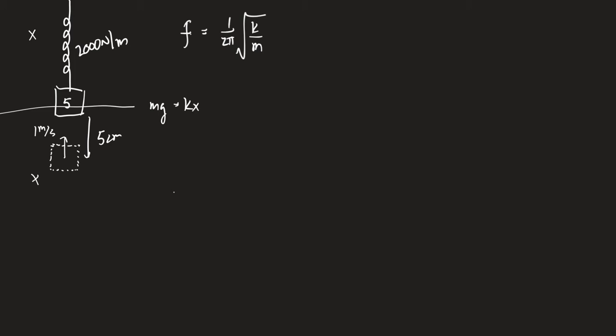The lowest position will be the position where the object has all the energy in elastic potential. That's the lowest point in the motion, so there's no gravitational potential. The object will be stopped, so there's no kinetic. Does that make sense? All right. We know that at this 5 centimeter position, the object has energy equal to 1/2 mv squared plus 1/2 kx squared.